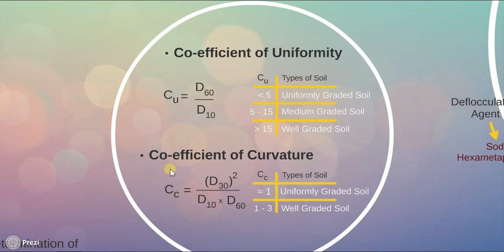Now value of Cc, if it is nearly about 1, the soil will be uniformly graded soil, and if Cc is ranging from 1 to 3, then the soil is well graded soil. So these were the indicators of type of distribution of particles of different sizes in a soil mass.